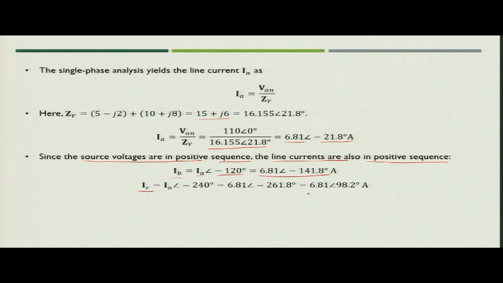Similarly, IC will become 6.81 angle 98.2 degrees. With this we can close our today's session, in which we discussed mostly the Y connected balanced system. In the next session we will discuss the star-delta, or Y-delta, connected system. Thank you.